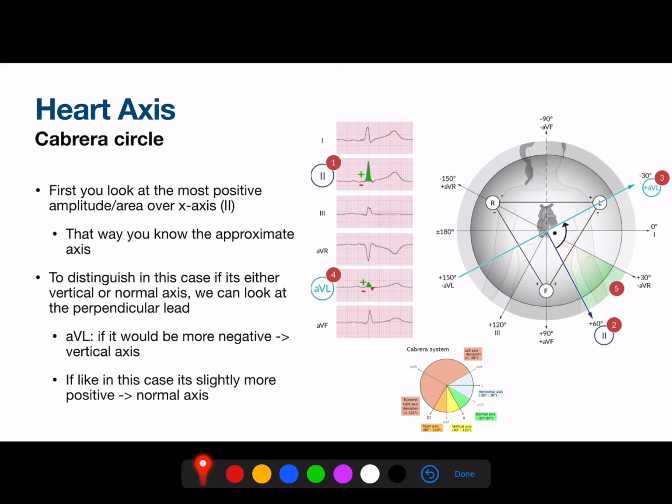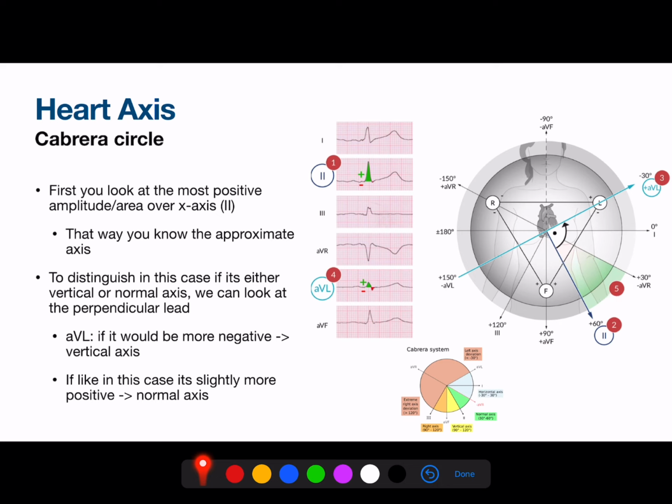How do we do it? We have to look at the perpendicular lead, which in this case is AVL. If it's more negative, then it would be a vertical axis. But it's a little bit more positive, so we can say it's the normal axis of the heart.